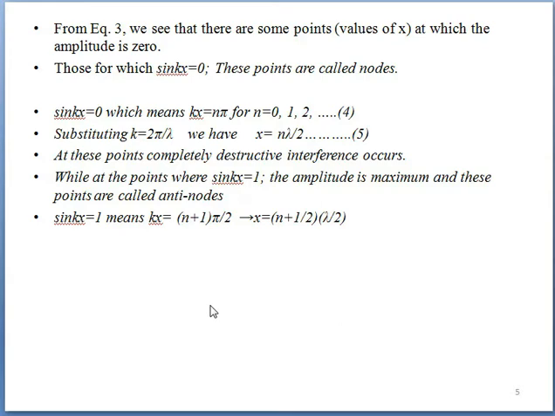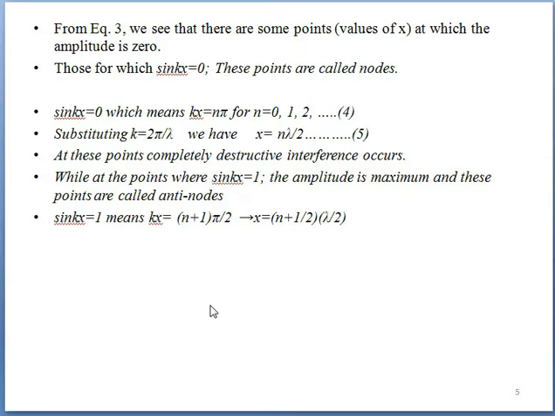Those points for which sine of kx is equal to 0 are known as nodes, and nodes are those points which always have 0 amplitude. That is, these points will never move; they will always have 0 displacement, their y will be 0. For such points where sine kx is equal to 0, kx is n pi.